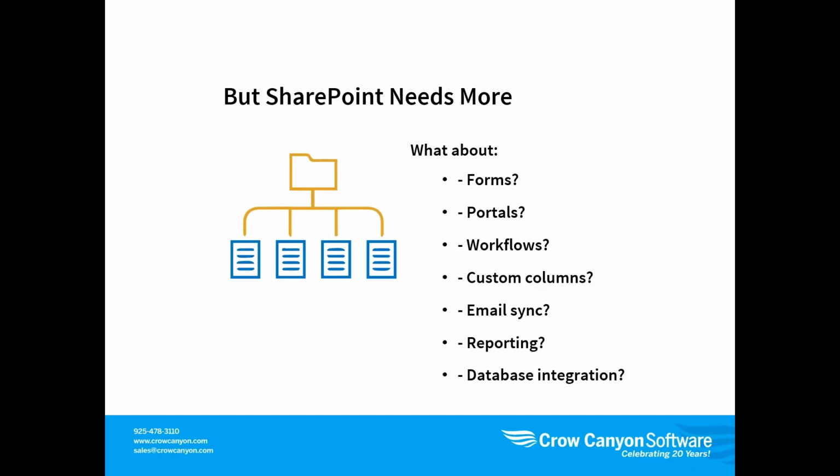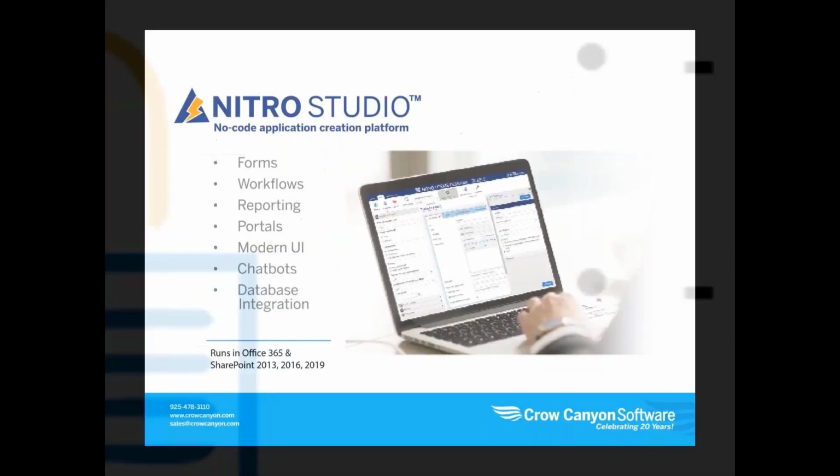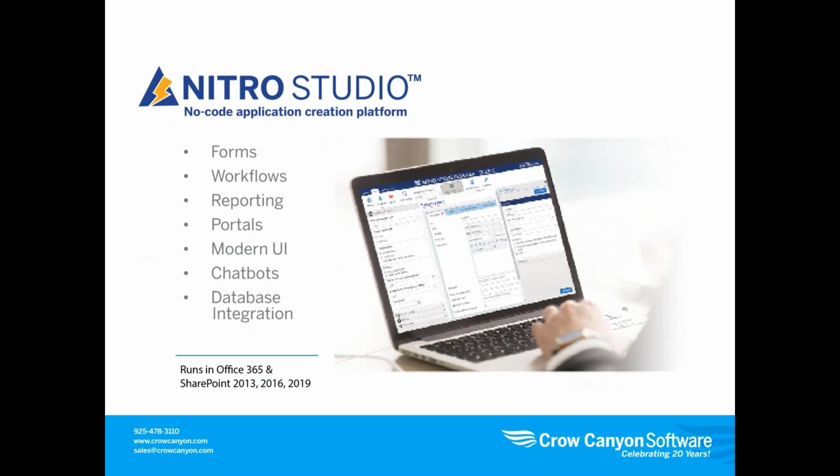We have the reporting, database integration, and working with APIs and web services. So NITRO Studio brings you forms, workflows, reporting, portals, modern UI, chatbots, AI services, and database integration, and it runs in Office 365, SharePoint 2013, 2016, and 2019.